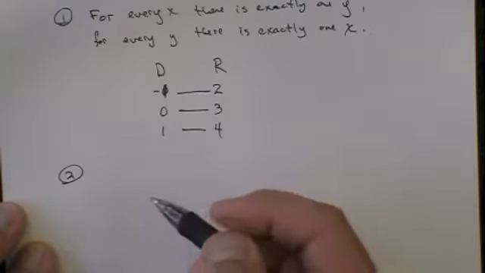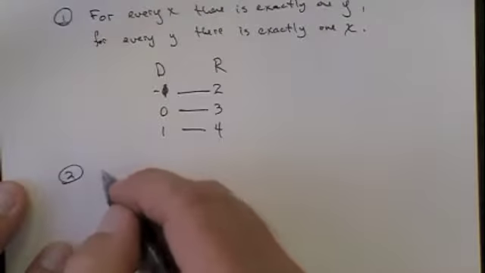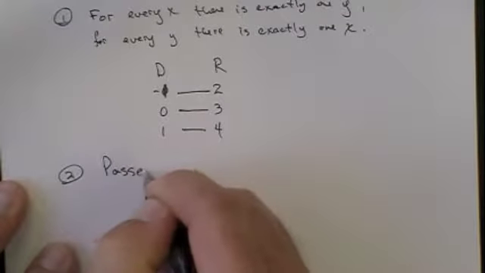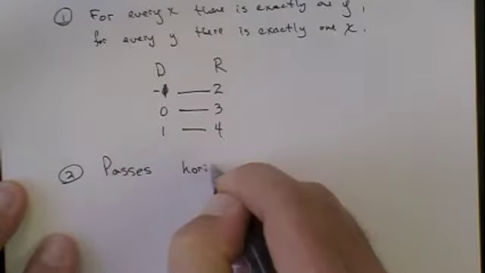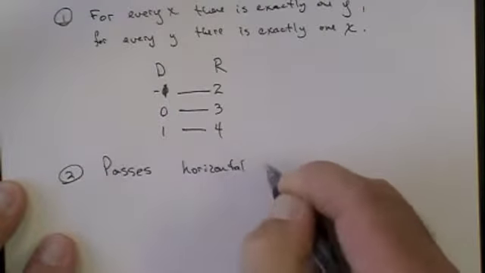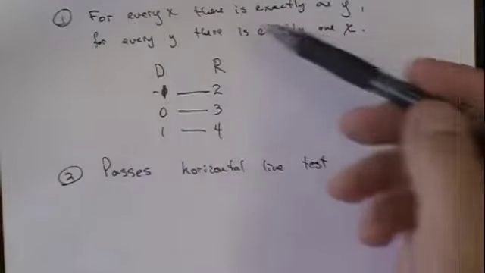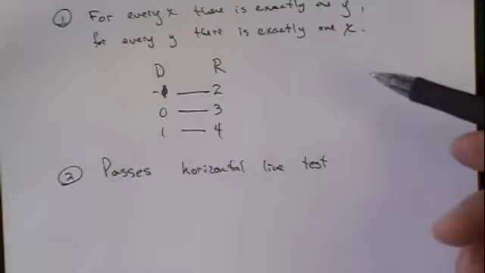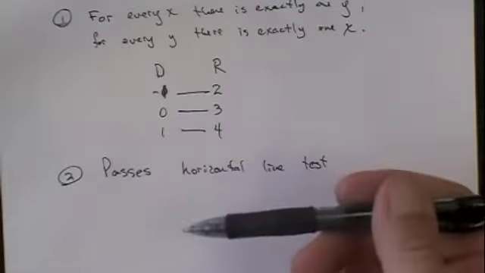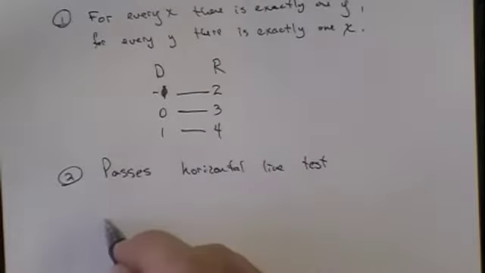So now we already know that a function passes the vertical line test. To be a one-to-one function, it's also passing the horizontal line test. Like we said, in a function, every x value has exactly one y, but now for every y to have exactly one x, it's passing not only the vertical line test, but also the horizontal line test.